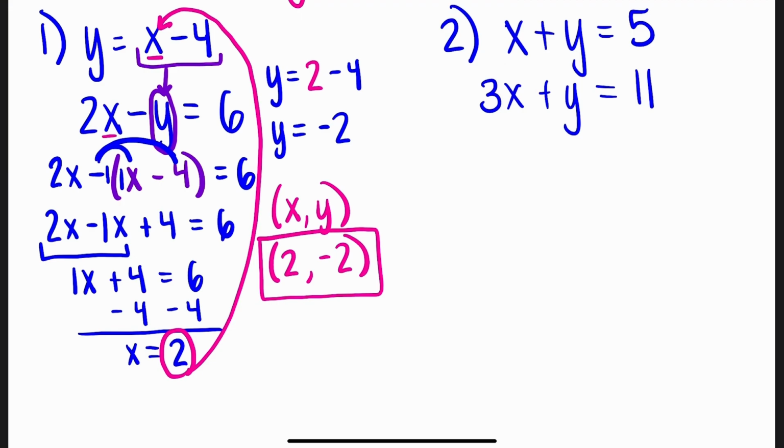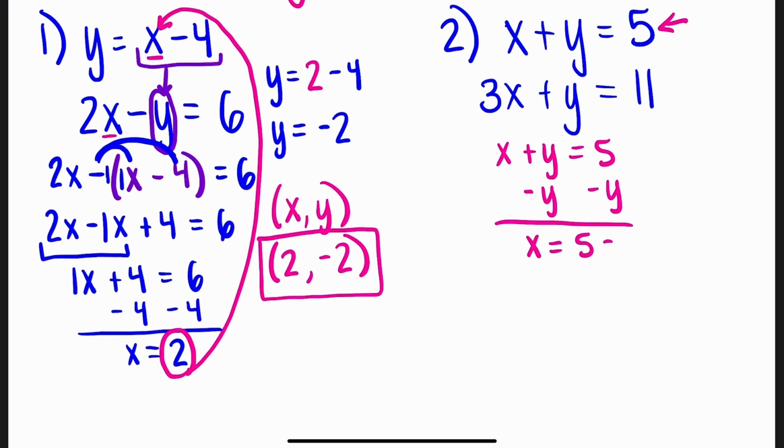So I'm going to take this equation right here, and I'm going to get x alone. So to get x alone, I'm going to get rid of the y. It's being added, so to undo addition, use subtraction. So x is equal to 5 minus y. Now you'll take that as x, and plug it into the other equation's x.